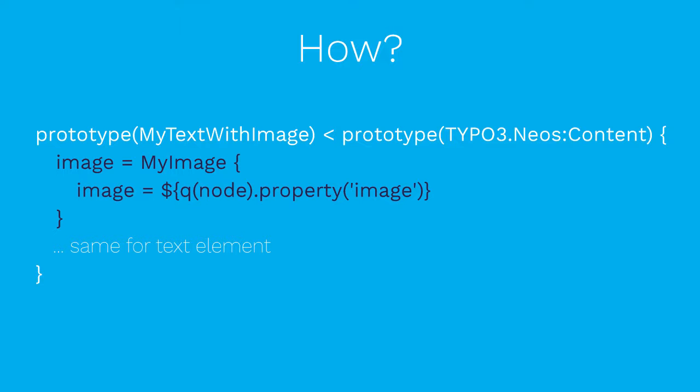And this way, you will have just a very small template inside my text with image, which will say, okay, please place the rendered image here, please place the rendered text here, and that's basically it.